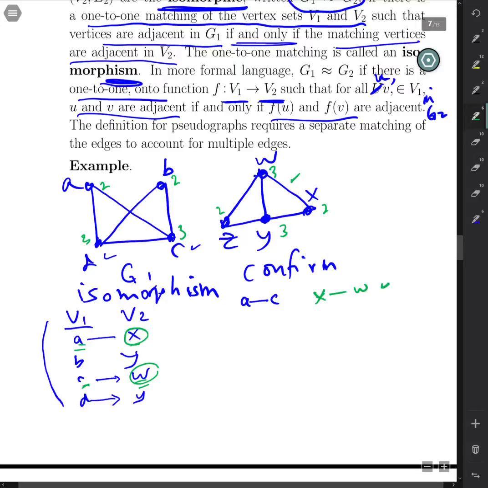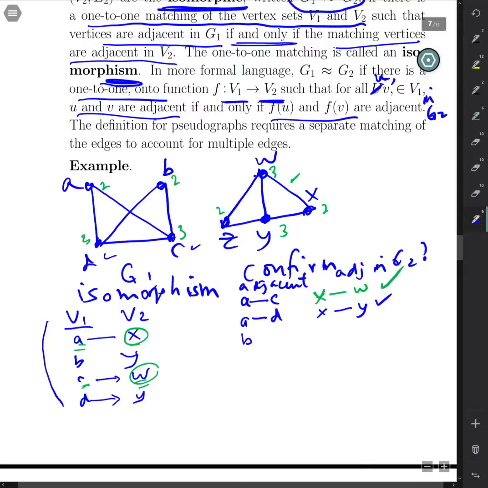Yeah, sure enough they are, so that's okay. Is this adjacent in G2? And so A is also adjacent to D, and that would be X, and D matches up with Y. Are X and Y adjacent? Sure enough, they are. Good. Okay, so that's all of the adjacencies of A.